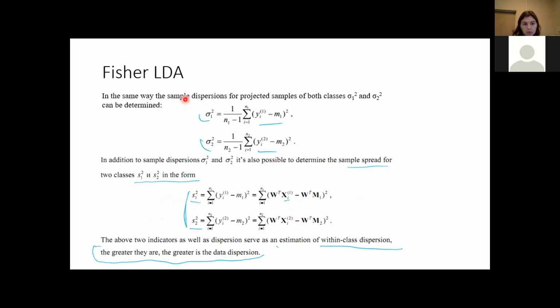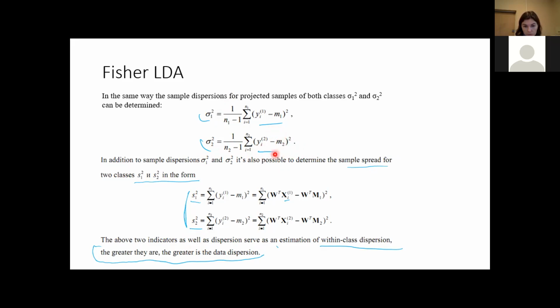In the same way, the sample dispersions reflect the within-class split. It's like the width of the class dispersion, the class distribution. Let me remind you of the equation for the variance of the data sets.